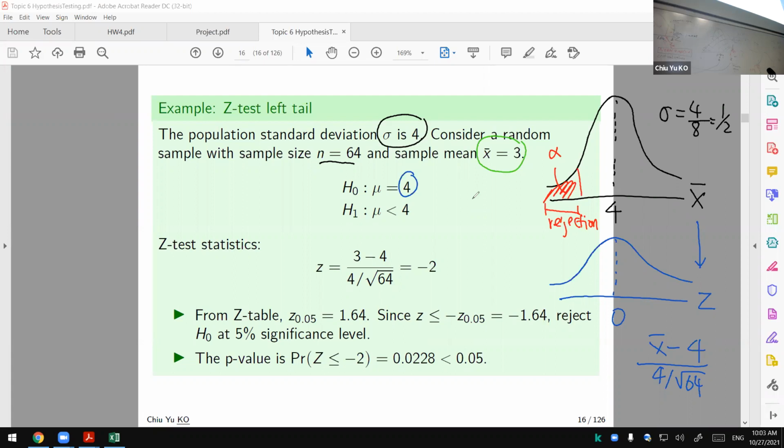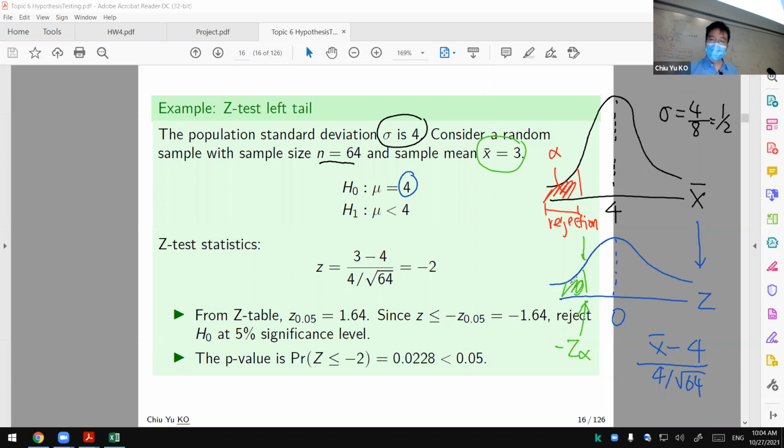To do so, you can always do it on the x bar scale, but we don't do that. We start looking at the z. So what we are doing is this: if you convert this area, same thing, and this is going to be negative z alpha.